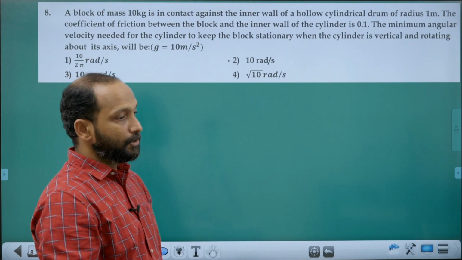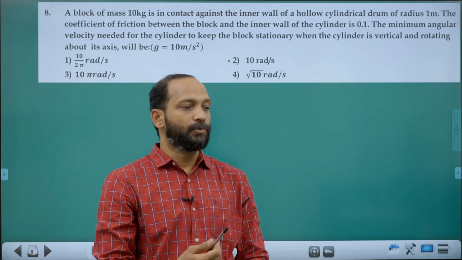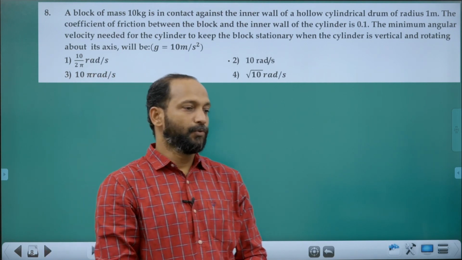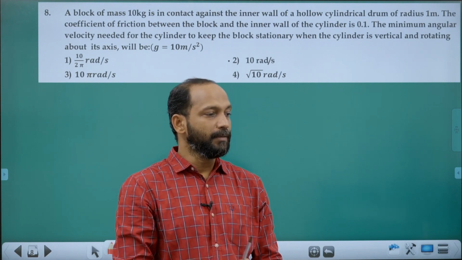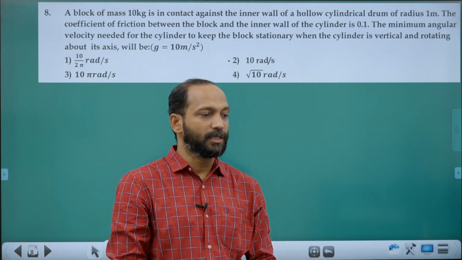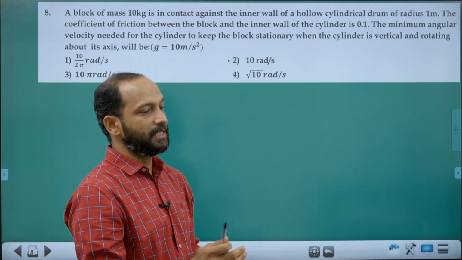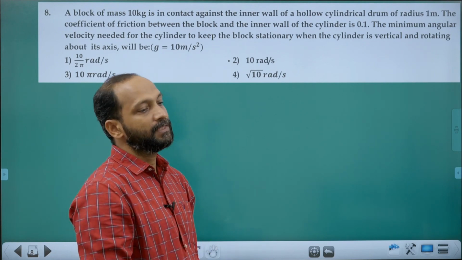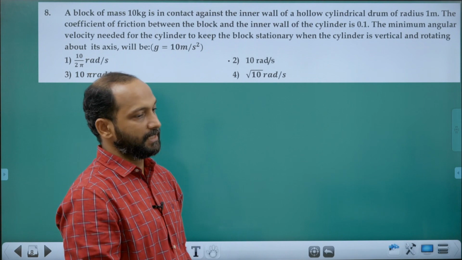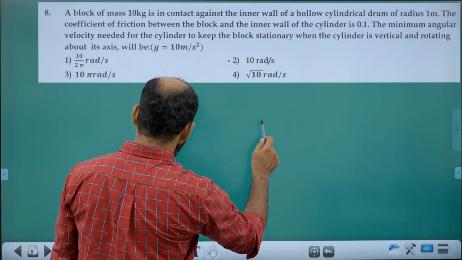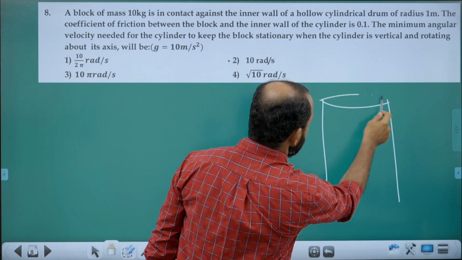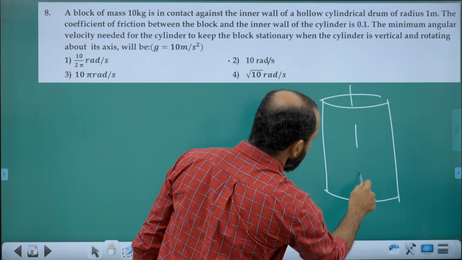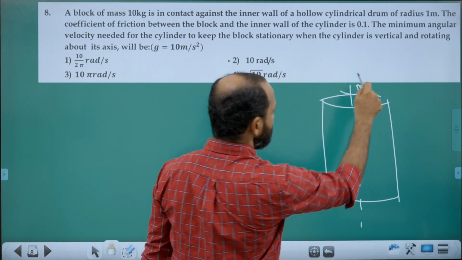A block of mass 10 kg is in contact against the inner wall of a hollow cylindrical drum of radius 1 meter. Coefficient of friction is 0.1. Find the minimum angular speed so that the block is stationary while the cylinder is rotating about the vertical axis. So this is the case where the cylinder is rotating about this axis like this.